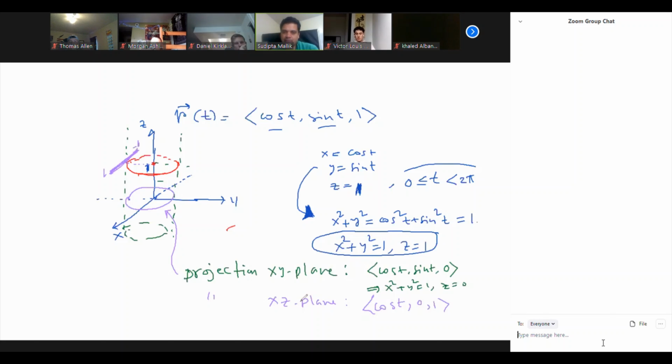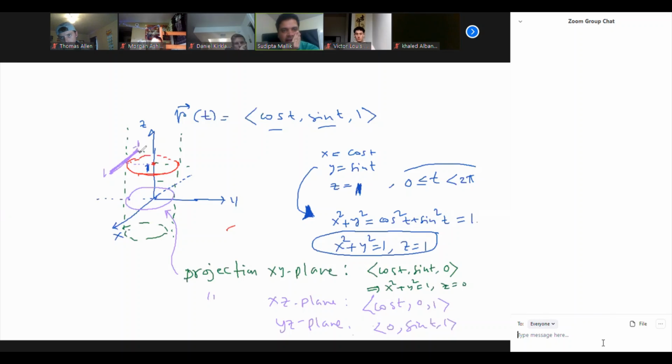Now, similarly, if you project on the yz plane, that would be what? You make x equals 0, so it will be 0, sine t, 1. Again, sine goes from negative 1 to 1. So if you do the projection on the yz plane, it would be like what?